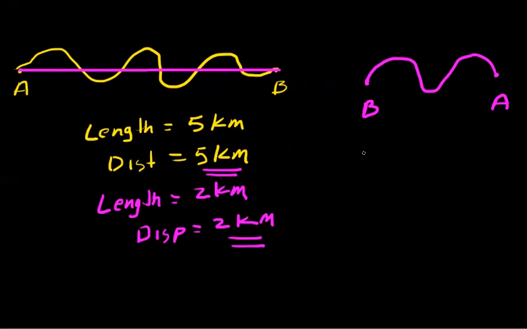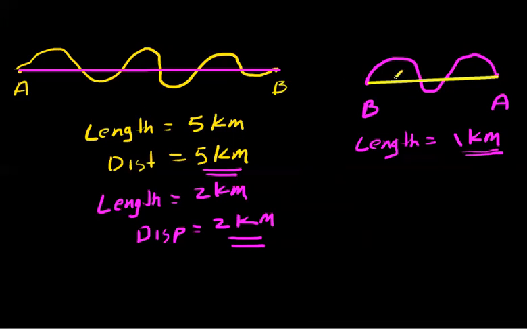Let's say the length of this pink line equals 1 kilometer. So the distance equals positive 1 kilometer. But if you measure the displacement, it is the shortest distance between the starting point and the ending point. This is the starting point and this is the ending point.